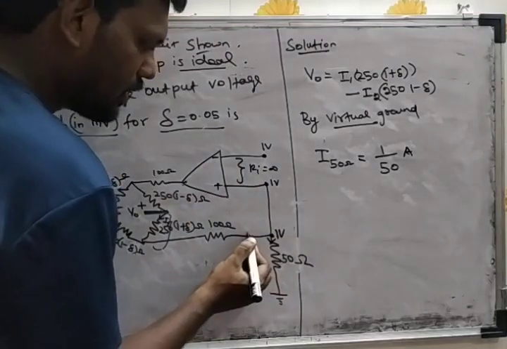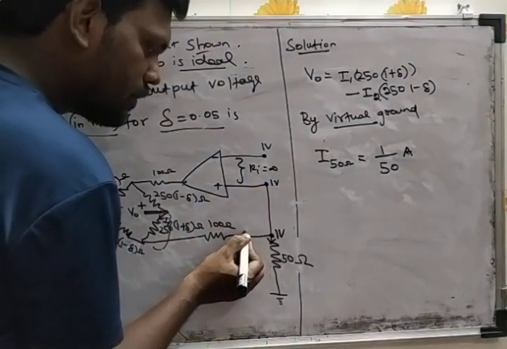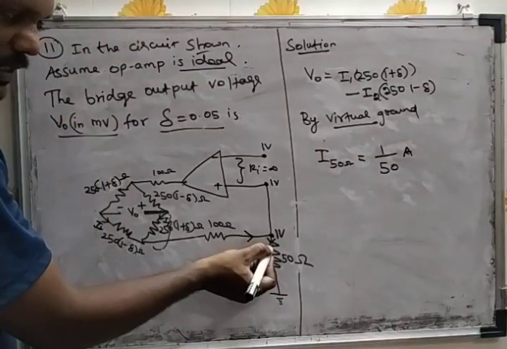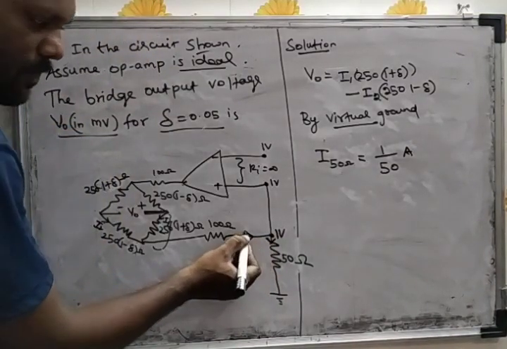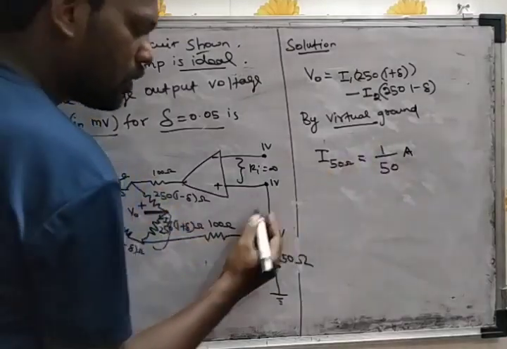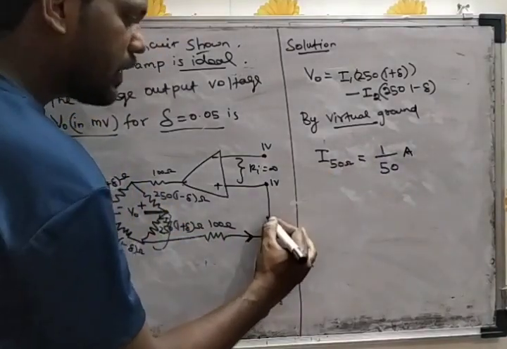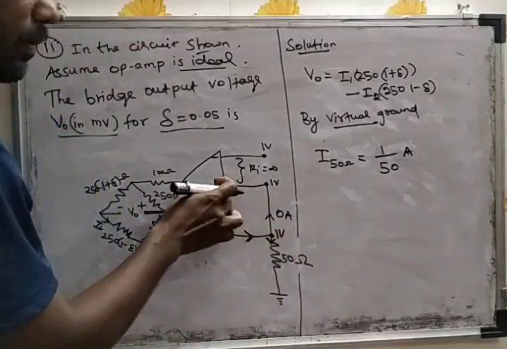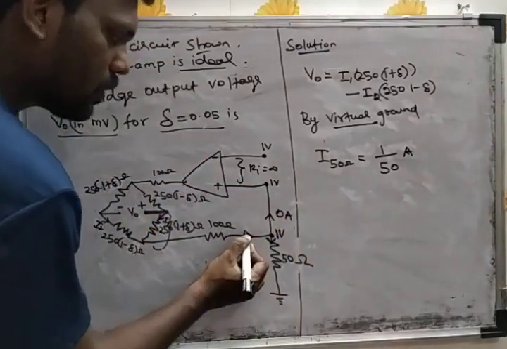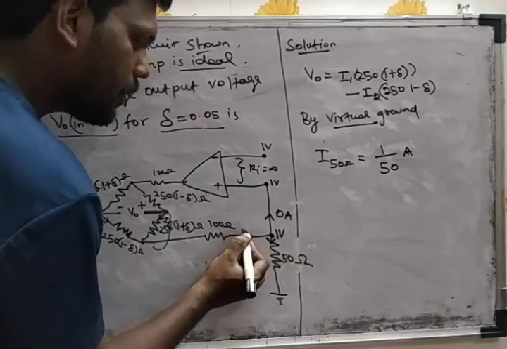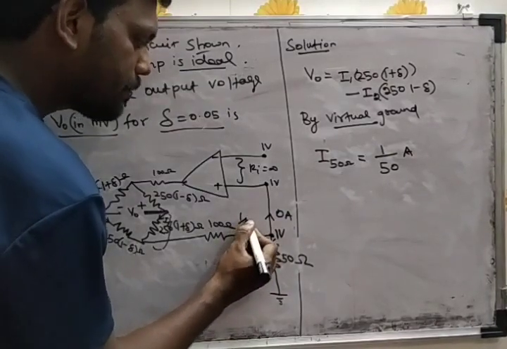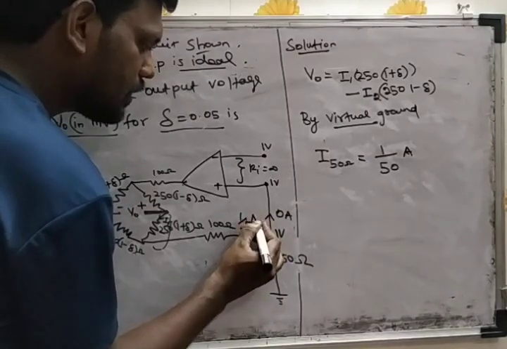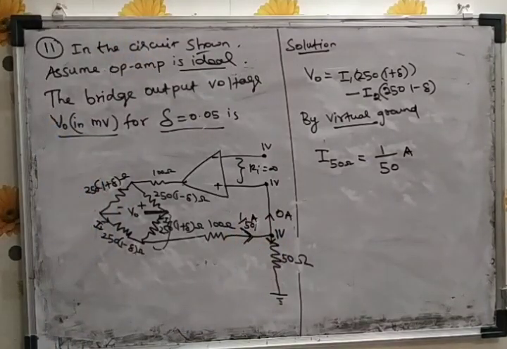So the entire current comes from this branch only, which is 1 by 50.